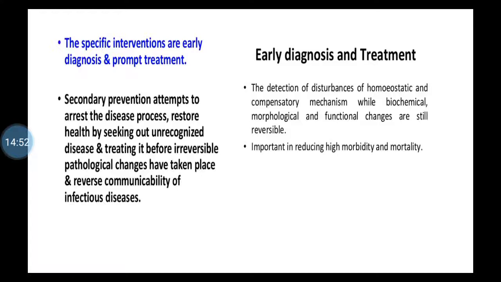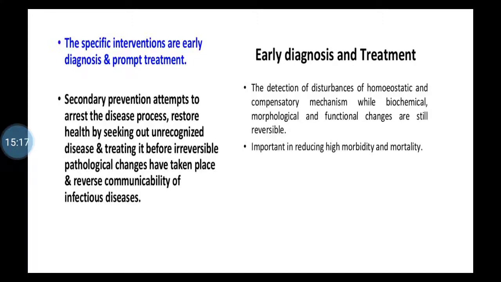Now what will be another benefit of this secondary prevention? That it will be in the benefit of the patient as well as the doctor. Early diagnosis will help the doctor in preventing the disease with proper treatment and to control further progress of the disease.